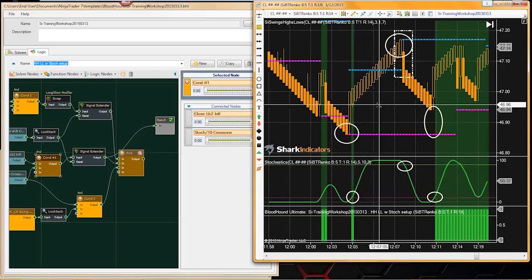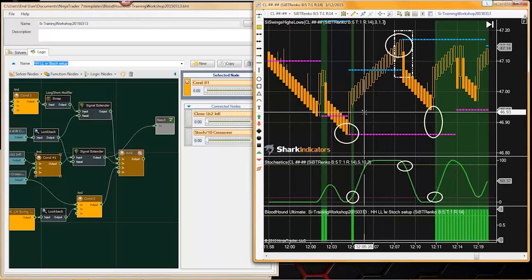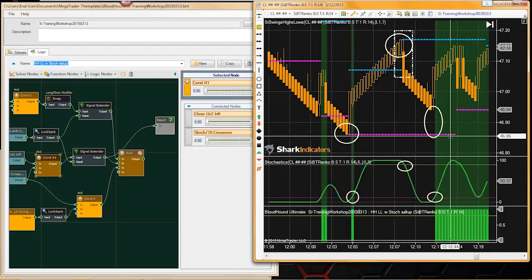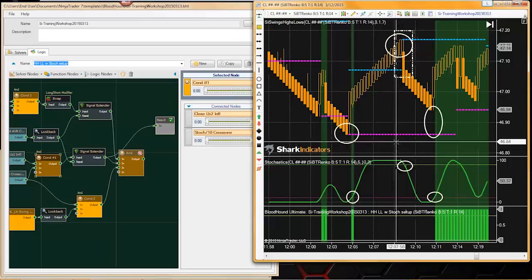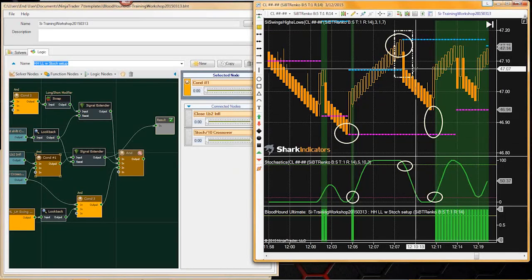All right, so well, I'll just try a simple little experiment here, and instead of using the swing high, I'm going to use the swing low, and maybe the swing low will work better instead of using the swing high.